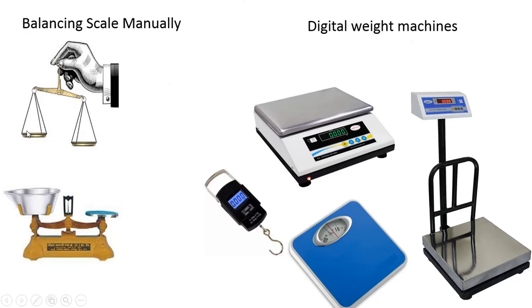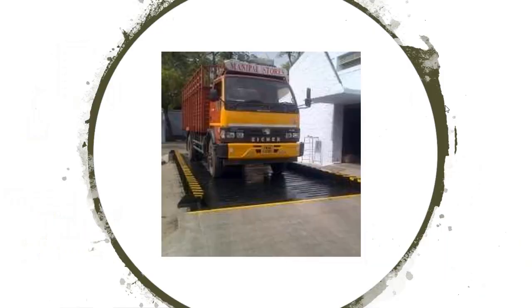Manually, we have to keep the weight and measure it. But with a digital weight machine, if we keep an object on the machine, the weight will be displayed on the display board. And we have the weighing machine to measure heavy objects.